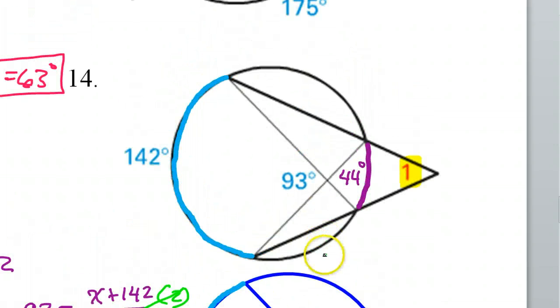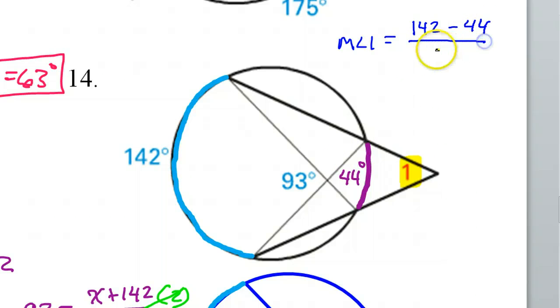Now I have enough information to go back and solve for the angle. So remember, when the angle is outside the circle, the angle equals big arc minus small arc divided by 2. So I'm just talking about this right here. So the measure of angle 1 will equal the big arc minus the small arc divided by 2.